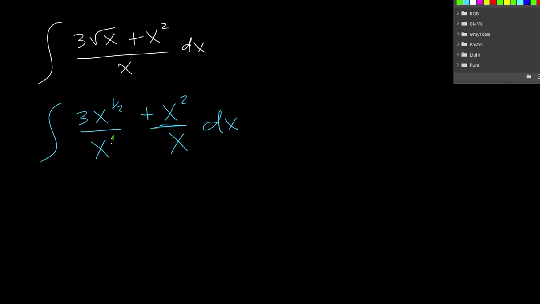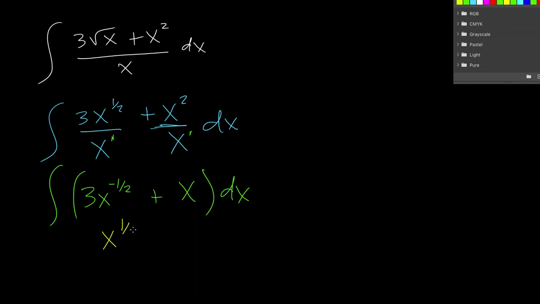Okay, now we think of these having exponents of 1. So 1/2 minus 1, that's going to be 3x to the negative 1/2. And then that's just going to be an x. So really the key to a lot of these is just writing them in a form that makes it easier to deal with. So if we raise this by 1, we get x to the 1/2.